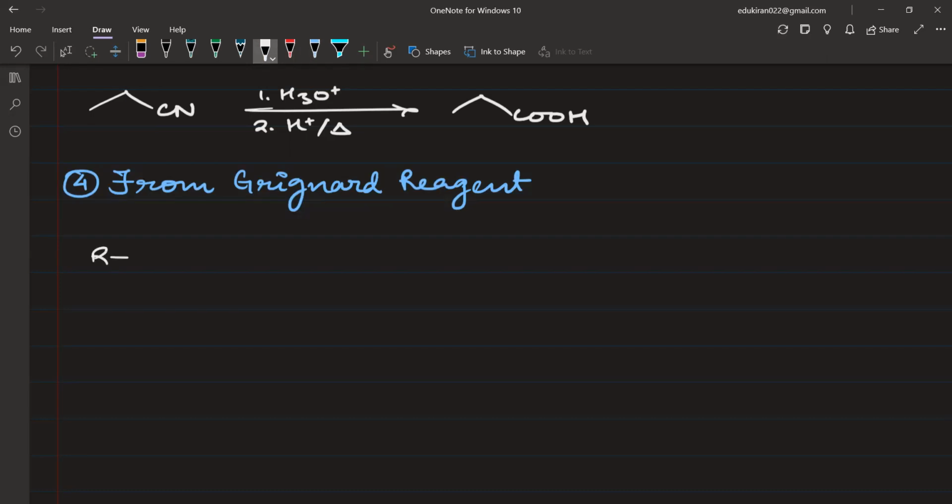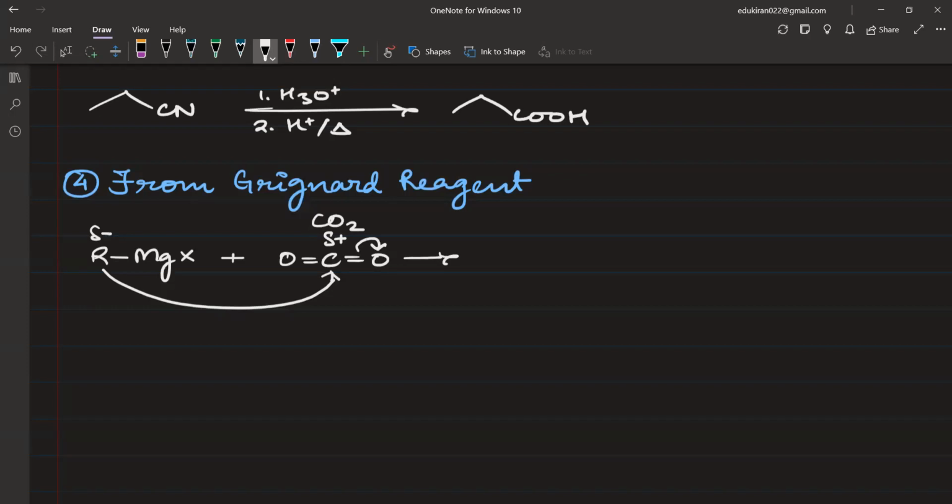You have RMgX plus, what is this? This is CO2, carbon dioxide. As you can see, this R is going to have delta negative because it is attached with magnesium. This R is going to attack on the carbon. This carbon atom will be very much delta positive because it is attached with oxygen atom on both sides. As soon as it is attacked by the R, you will get O negative here.